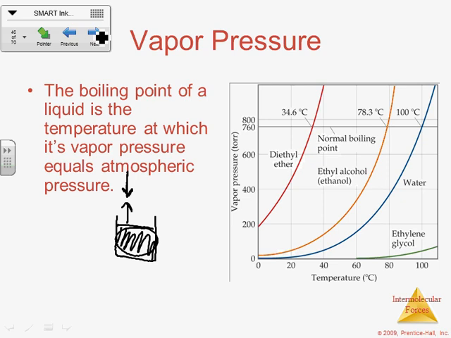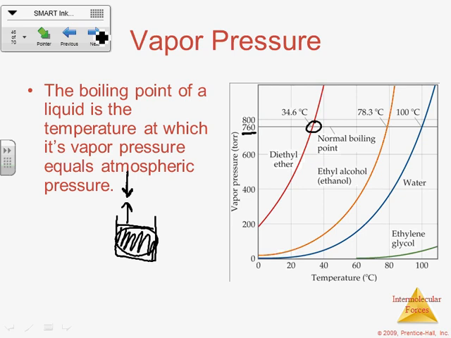And everything's going to have a different normal boiling point. Normal boiling point is just when we're at 1 atmosphere of pressure, which is 760 millimeters of mercury. So for diethyl ether, for example, at 1 atmosphere of pressure, you need to heat it up to 34.6 degrees Celsius before its particles have enough energy to escape as a gas for it to boil, okay?